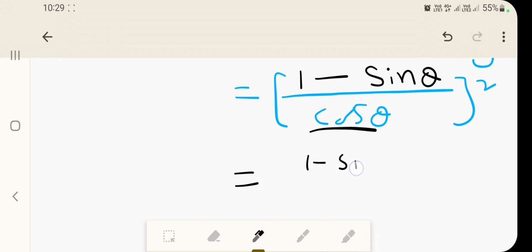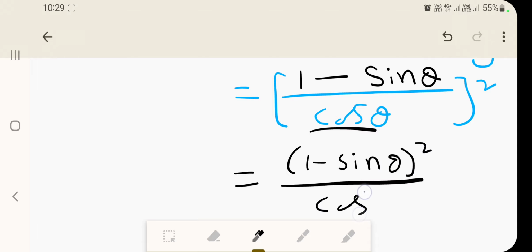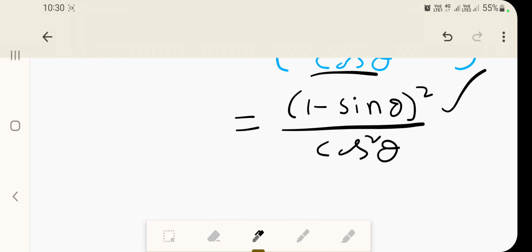So the square which we have outside, we are going to write separately for both the numerator and denominator. So (1 minus sin theta) whole square divided by cos square theta.